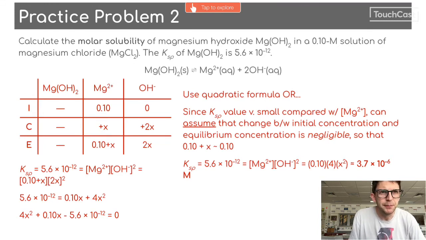If the Ksp value is less than 5% of the total concentration of the ion you're interested in, then we can say this change in the initial and equilibrium concentration is going to be negligible. When we're looking at molarity and exponents of 10 to the negative 12, 10 to the negative 20, 10 to the negative 30, it's a pretty safe assumption, based on the question you're provided, that the change is going to be so small that it's negligible.